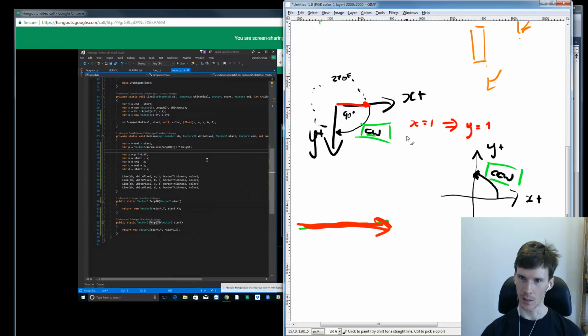And if y equals 1, then that rotates 90 degrees up here and it becomes x equals -1. This is the same maths we did the other day, which means y equals x and x equals -y. And that's perp 90.